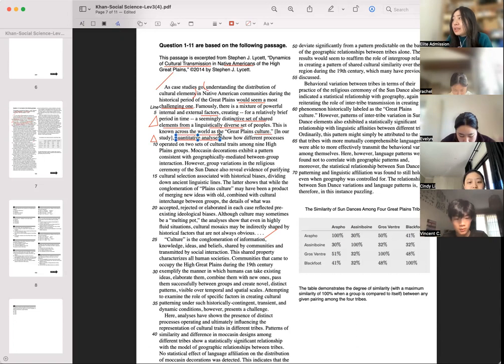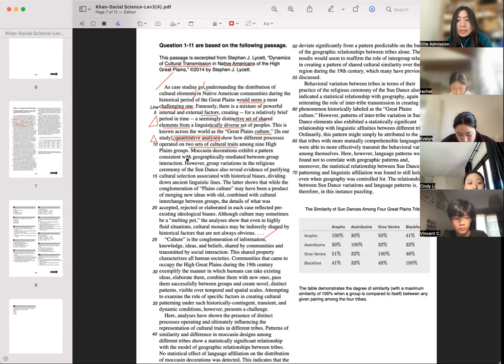We know that there is a Great Plains culture, but our study used quantitative analysis to show how different processes operate on two sets of culture traits among the 9 High Plains groups. So that's the finding, right?